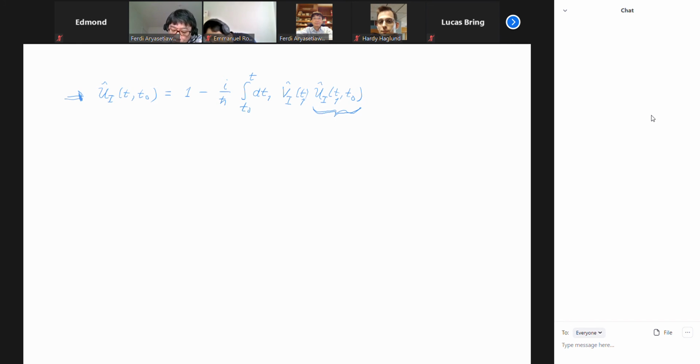That is equal to 1 minus i over h bar, integral from t0 to t1 now, of dt2 V_I(t2).